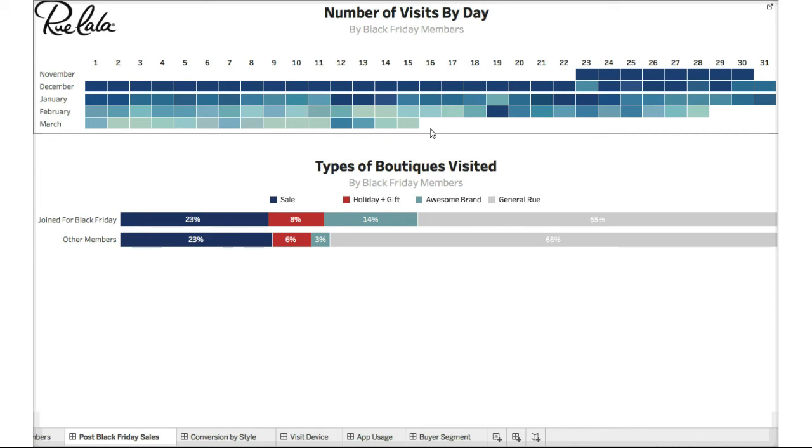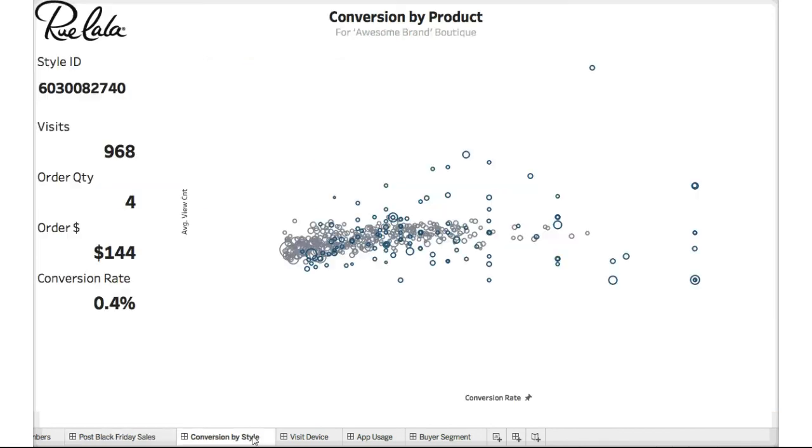If we look at conversion then, what we've done here is show another visualization to show that next level down, drilling down within this particular boutique. Every dot is effectively a style. On the y-axis we're looking at how many times that style was viewed per member, and on the x-axis we're looking at conversion rate.